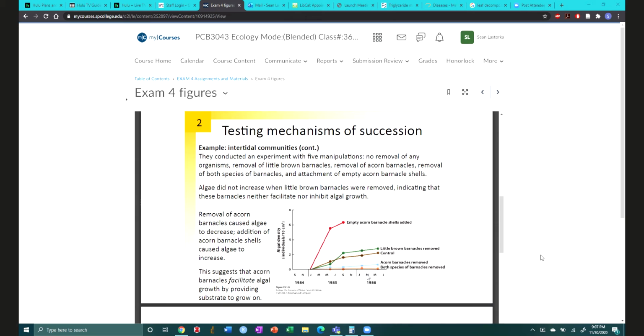Basically with both. Okay, so algae to decrease. Additional acorn barnacle shells cause algae to increase. This shows acorn algae growth by providing substrate.